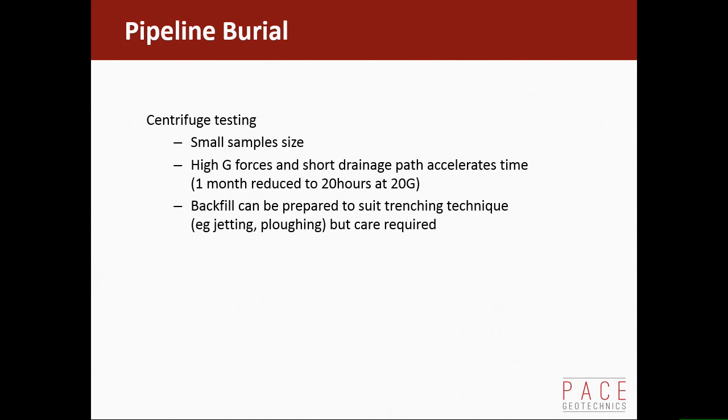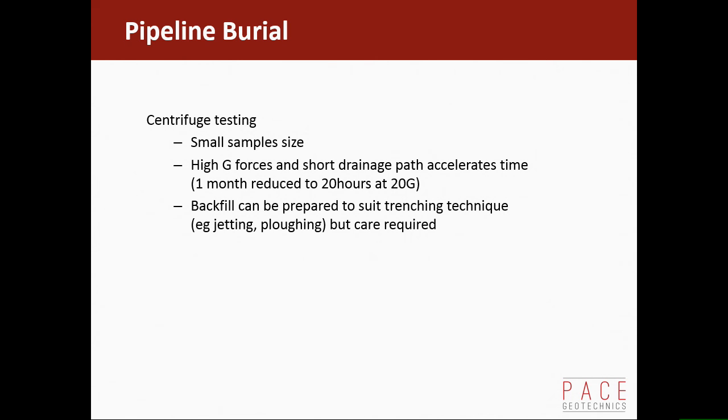The reason we do it in a centrifuge is the high G forces mean that if we want to model a pipeline at 1 metre depth, you would normally need a metre of soil over that pipeline, which is quite difficult, to get the same stress at the pipeline.